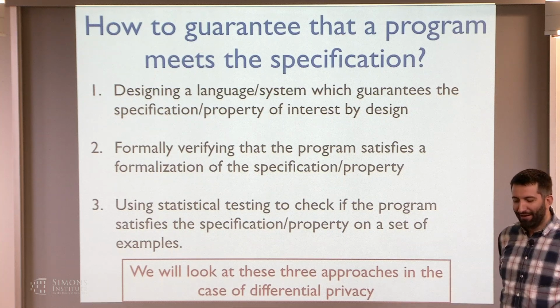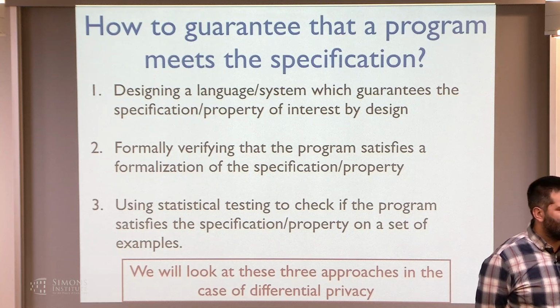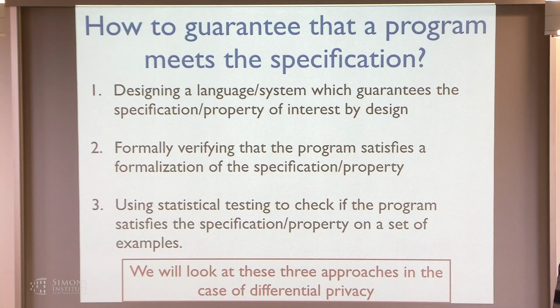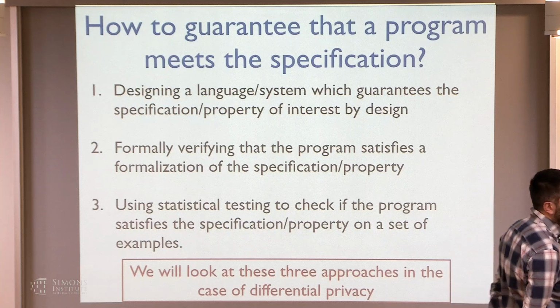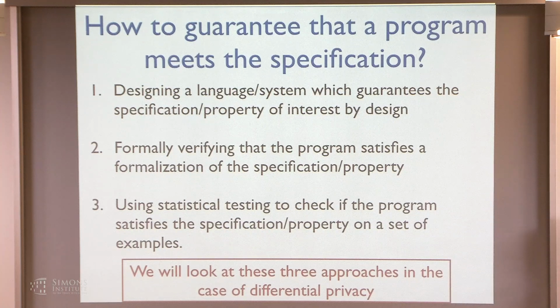In general, maybe I say designing new languages, but what I really mean is designing new approaches. So not necessarily one specific language, but a family of languages that can support the specification. For instance, I was mentioning hardware design: people that work on hardware design have developed languages that are specific for this task.